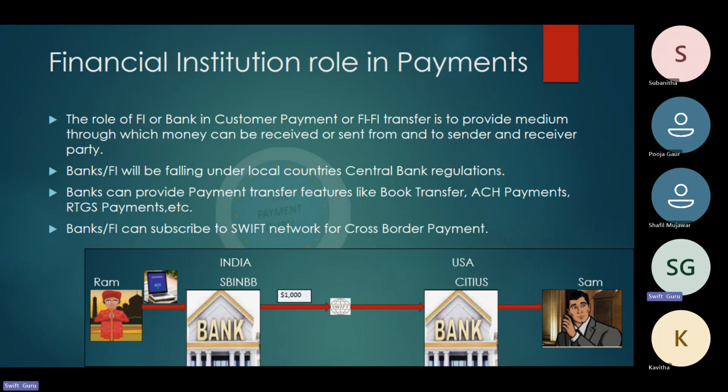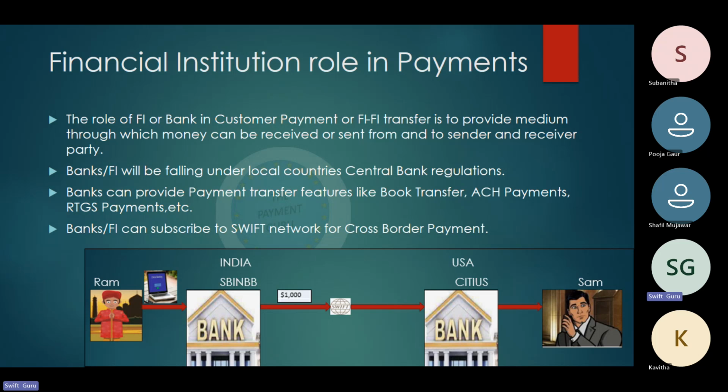All the financial institutions or banks of the respective country fall under the central bank rules and regulations within their respective country. Depending upon the bank, they can provide various types of payment features and payment transfers. For example, book transfer, which is nothing but a transfer within the bank itself.